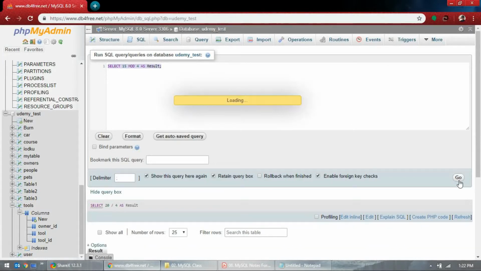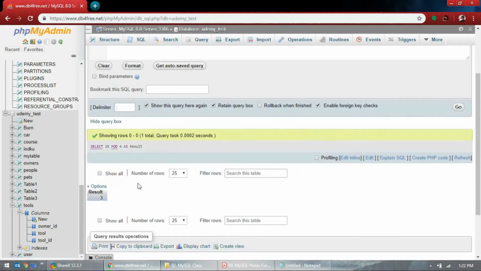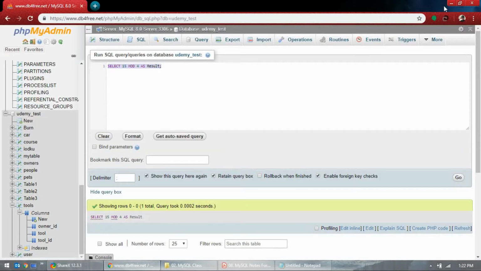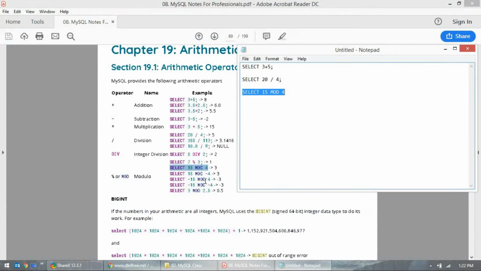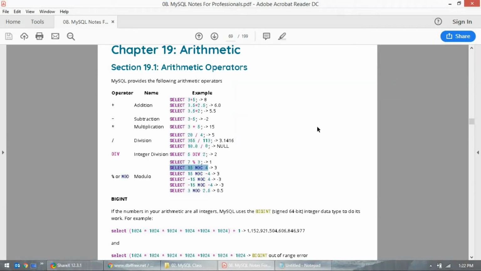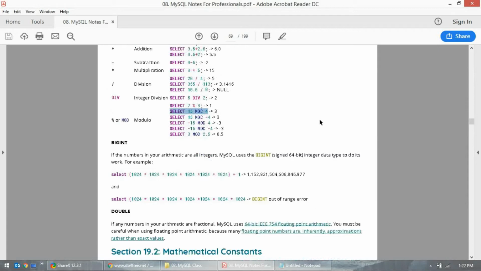Okay. Is it 3? Okay, so you can perform these functions without using a table. You don't need a calculator for that. I mean, this is very easy.